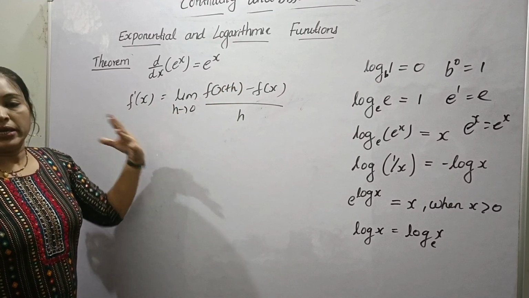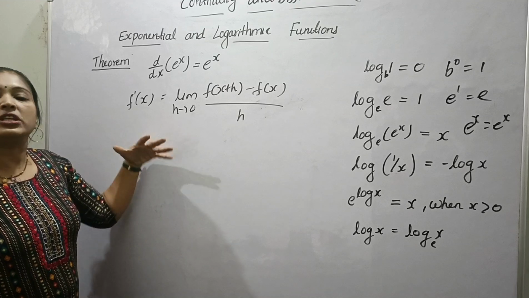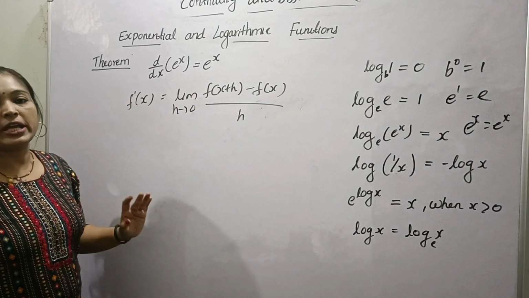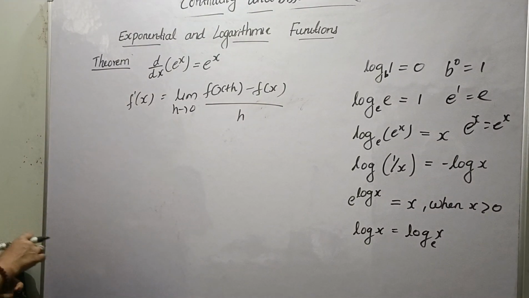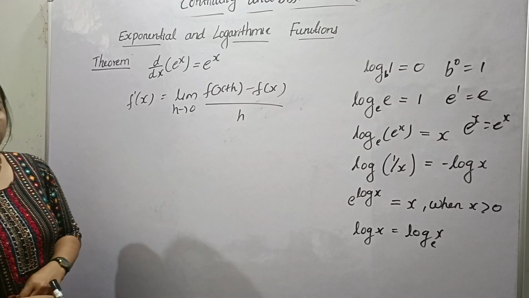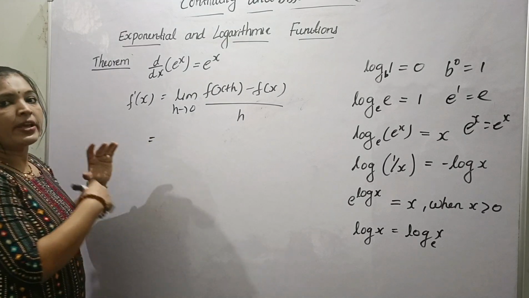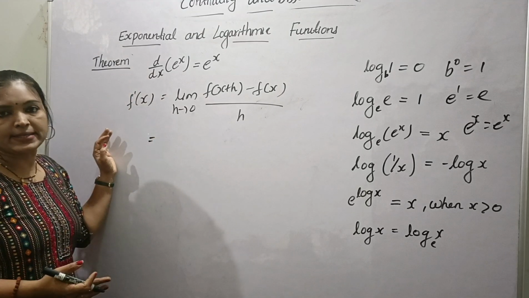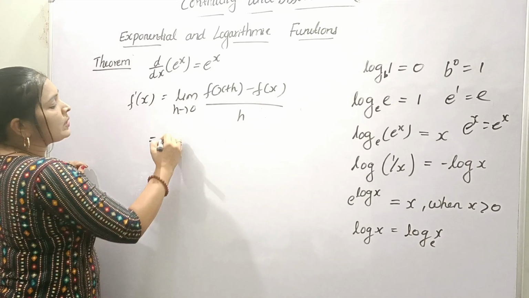But here we have to prove that the derivative of this function exists at all points. So here we take x itself: f dash of x is equal to the limit as h tends to 0 of f of x plus h minus f of x divided by h. First of all we have to prove that this derivative, f dash of x, exists, right? So, the limit as h tends to 0.